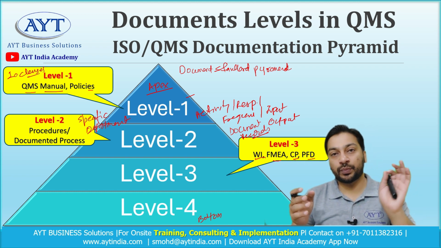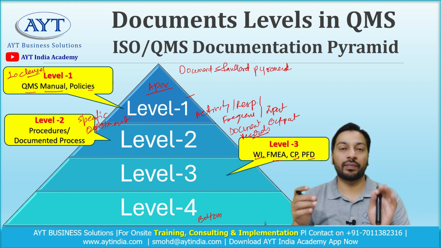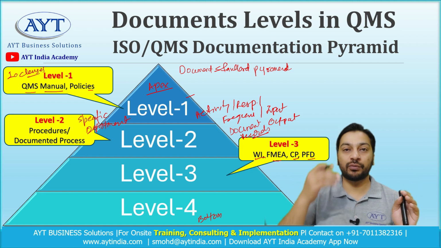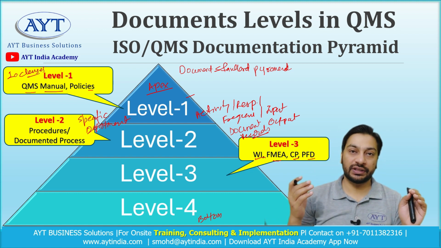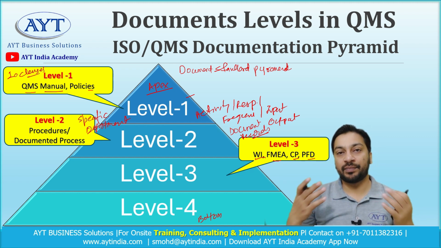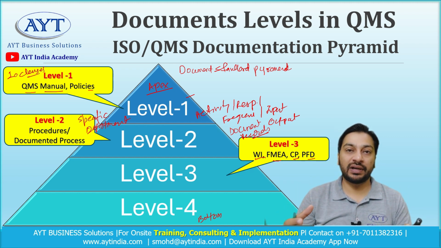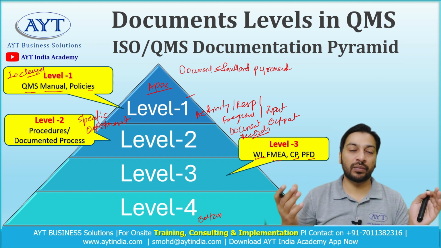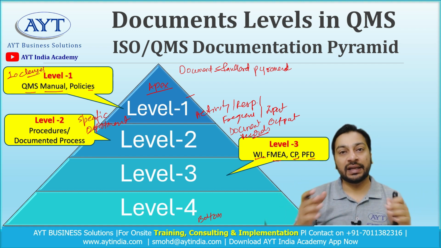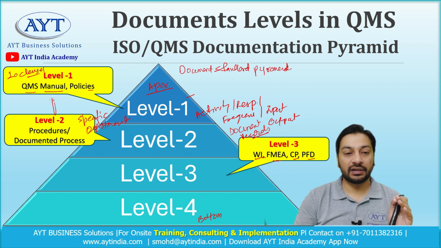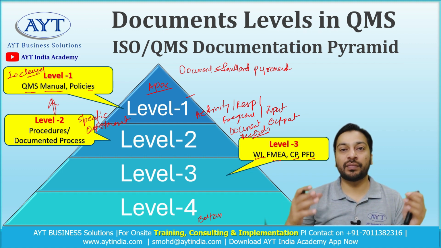A procedure covers the whole department, but there may be many work instructions inside. In maintenance, for example, preventive maintenance, breakdown maintenance, and predictive maintenance are all required. If we write everything inside the procedure, it will become very long. Similarly, if we put everything in the manual, the manual will also become very large.